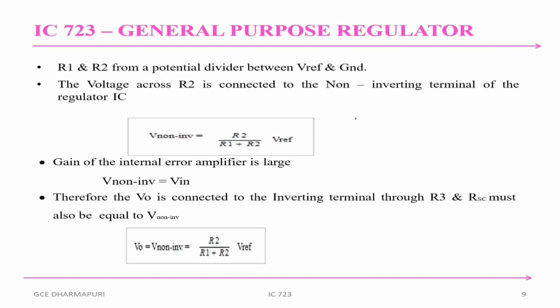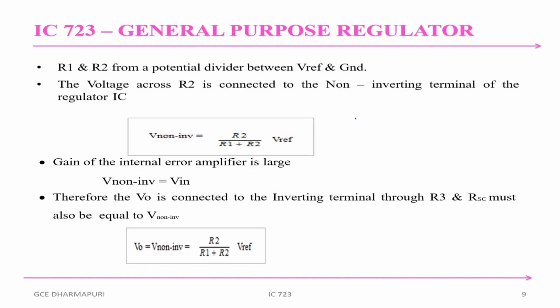And you can see I have produced a regulated output. R1 and R2 form the potential divider between the V reference and ground. The voltage across R2 is connected to the non-inverting terminal of the regulator IC.